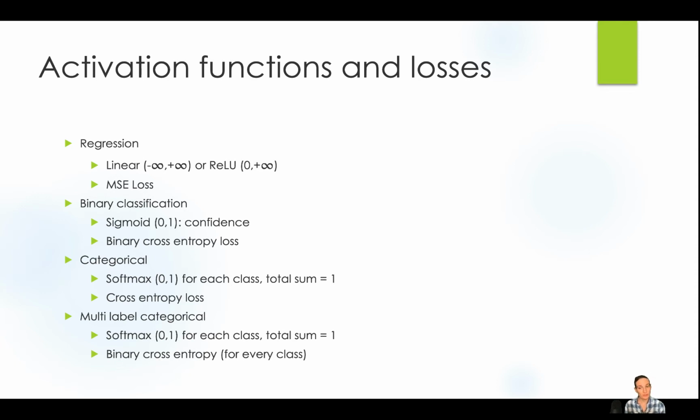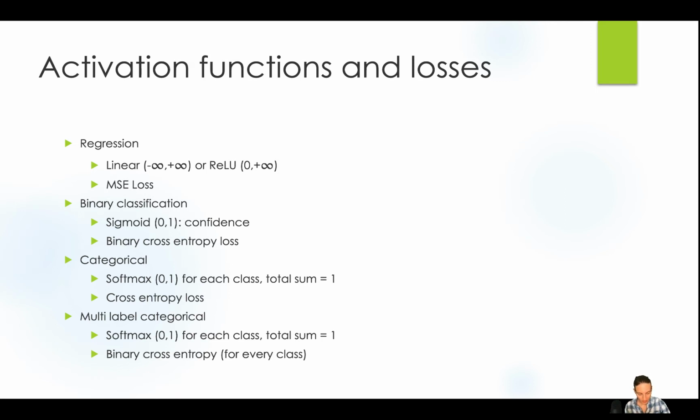Now we have multiple categories, not just binary categories. We can use something called softmax. I mentioned the softmax equation as well during last class, and basically we'll output 0 to 1 for each of the classes, and the total sum of all probabilities would be 1.